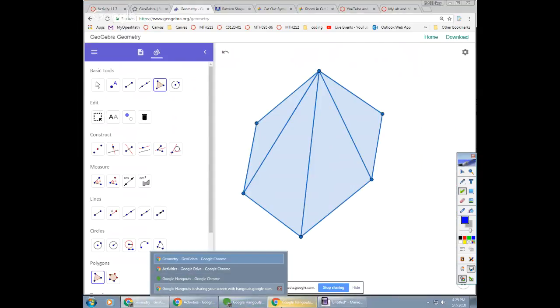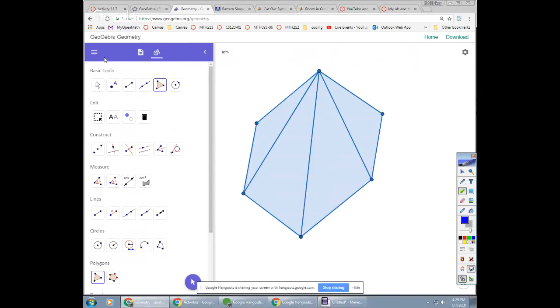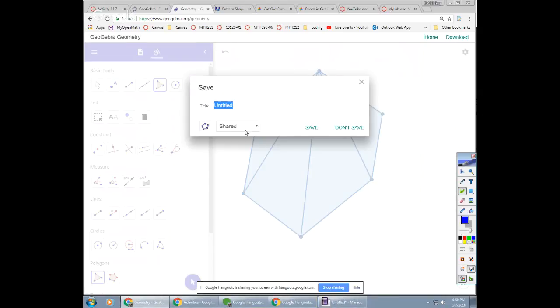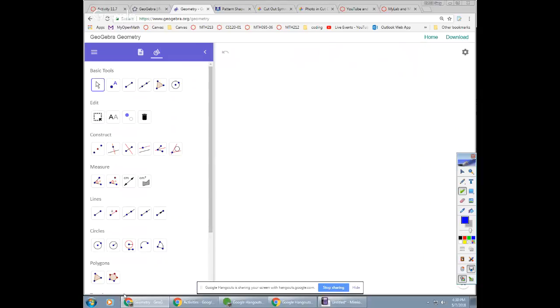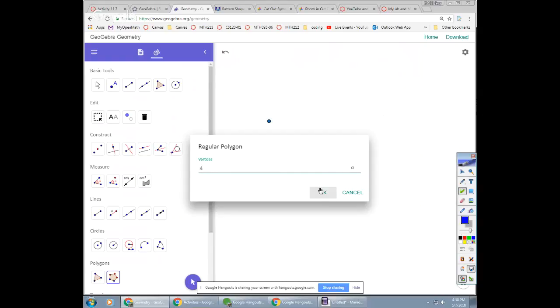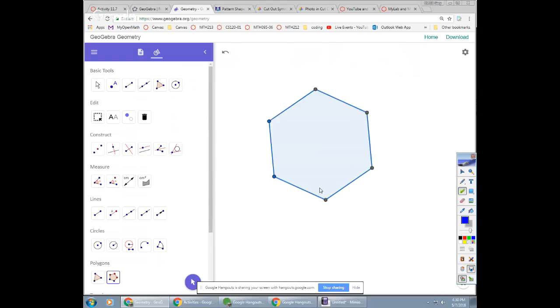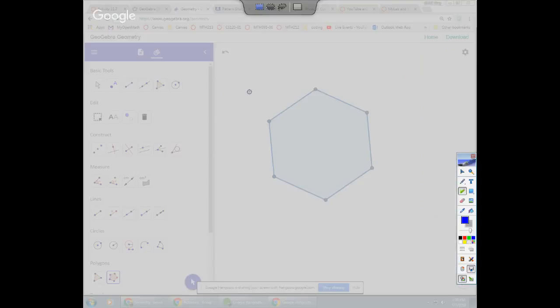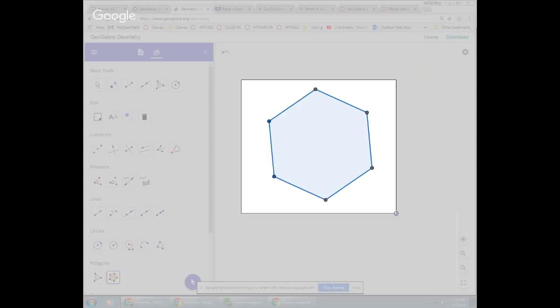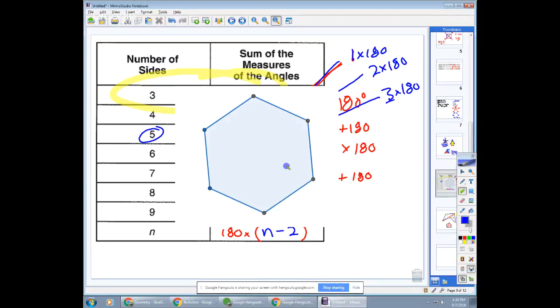So let's see. I need a new screen, please. GeoGebra. All right, so I'm going to use the regular polygon tool, and I'm going to pick, let's say, a hexagon. All right, so there's a regular hexagon right there.